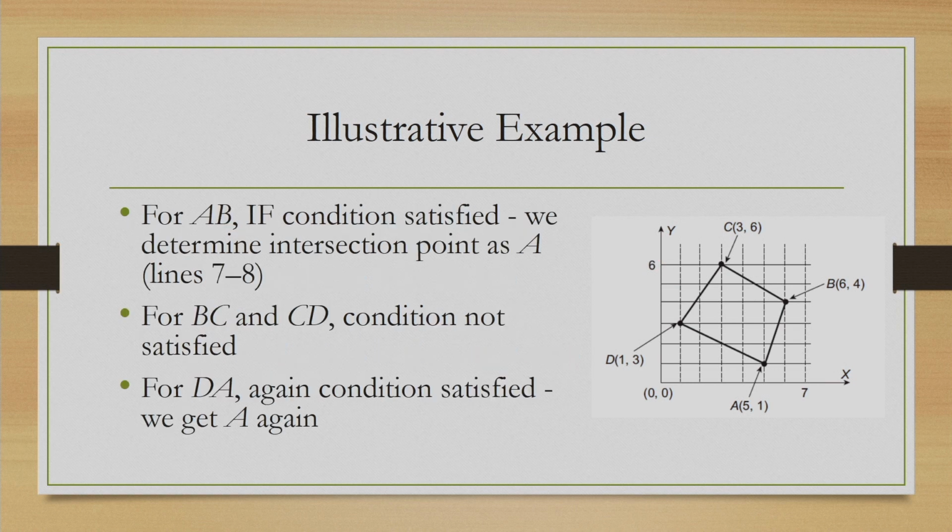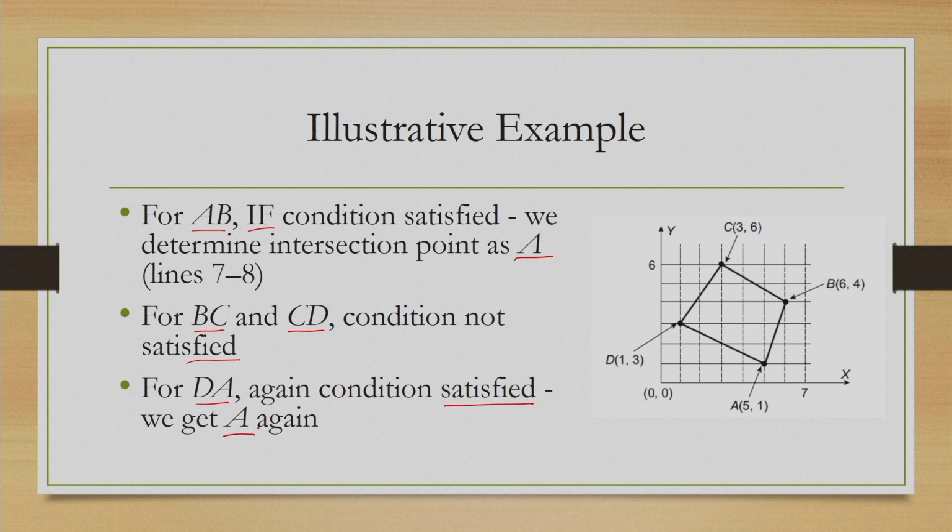If you execute the lines, you will find that for the edge AB, the if condition is satisfied and the intersection point is A. For BC and CD edges, the condition is not satisfied. Again for DA, the condition is satisfied and we get A again.